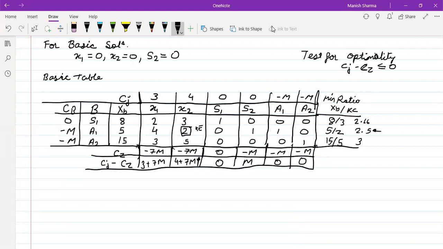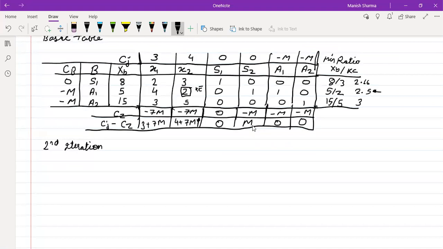Once you have got the key element, you will go for iteration 2. The process here remains the same. Again, we will go with the table.